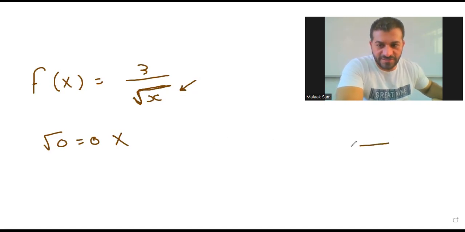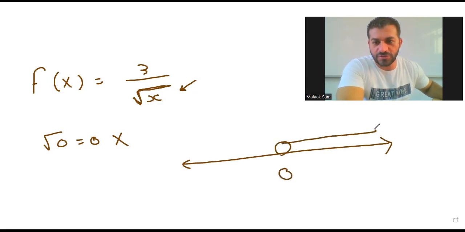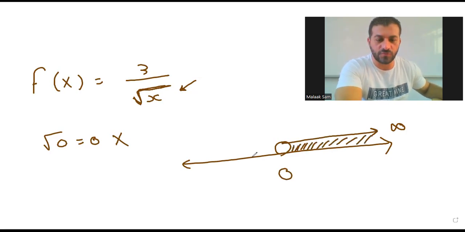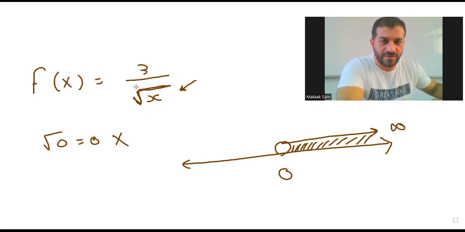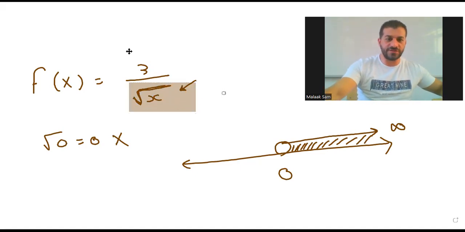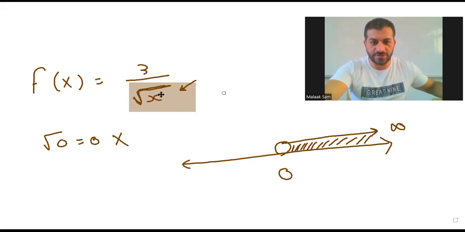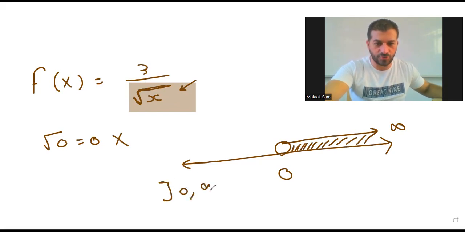So the domain in this case is (0, positive infinity). What is the difference between this question and the previous one? In the second question, we have a square root in the denominator. So we couldn't use 0, because the square root of 0 equals 0, and we couldn't put 0 in the denominator. So the domain in this case is (0, positive infinity).